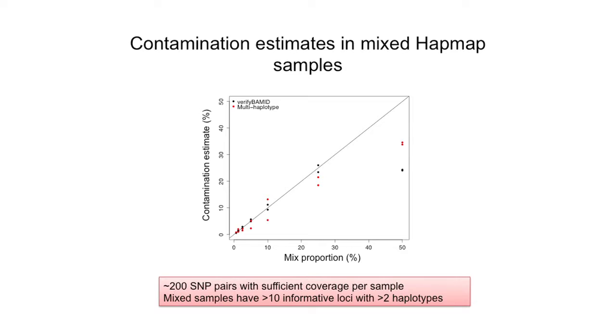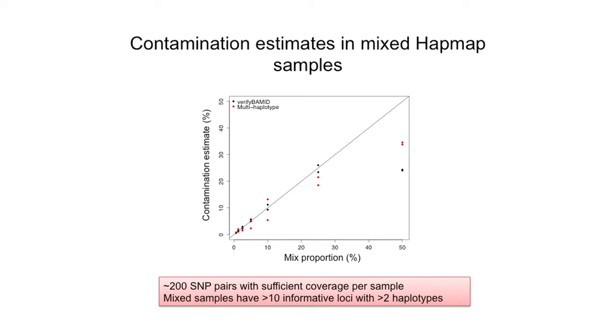Here I'm showing mixed HapMap samples, in a plot where the x-axis is the mixed proportion of these two samples, and the y-axis is the contamination estimate from these two approaches, VerifyBamID and this multi-haplotype approach. The y equals x line is unity, and the estimates look really pretty good. They fall pretty close to the line, suggesting that the estimated contamination from these programs is close to what we actually mixed together.